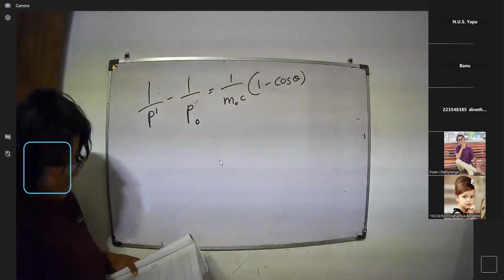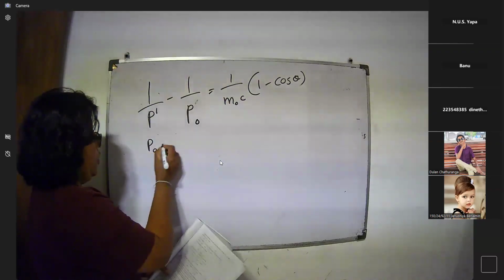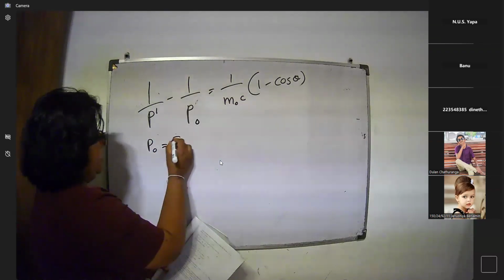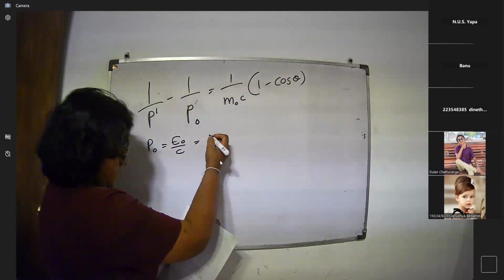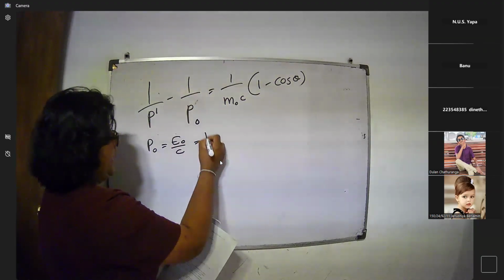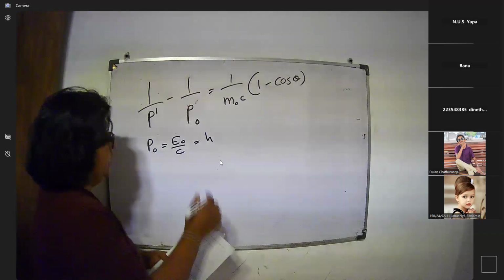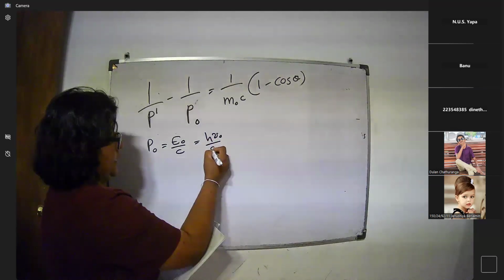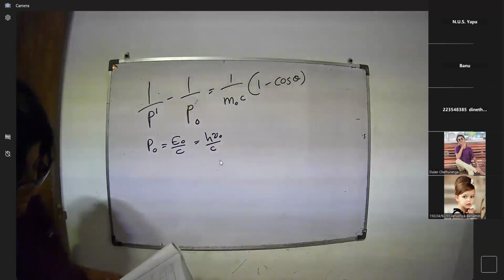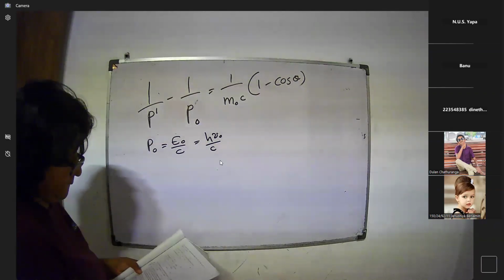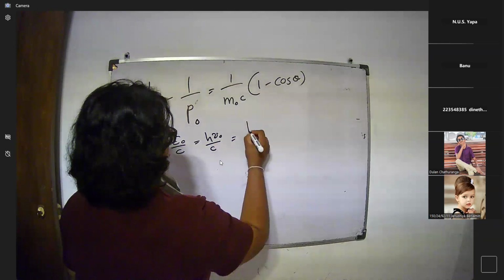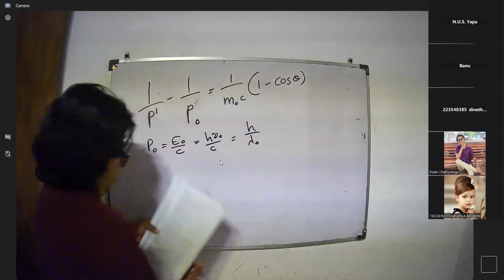Now we can substitute the relationship: P naught can be written as E naught over c, or h c over lambda naught, or h nu naught over c. This is equal to h over lambda naught.